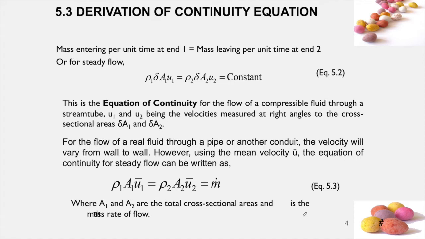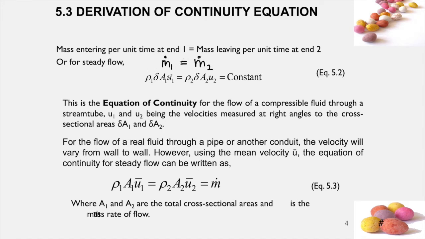Therefore, mass entering at N1 is equal to mass leaving per unit time at N2. Here, mass entering per unit time means kilograms per second. Therefore, the mass flow rate at N1 is equivalent to the mass flow rate at N2.